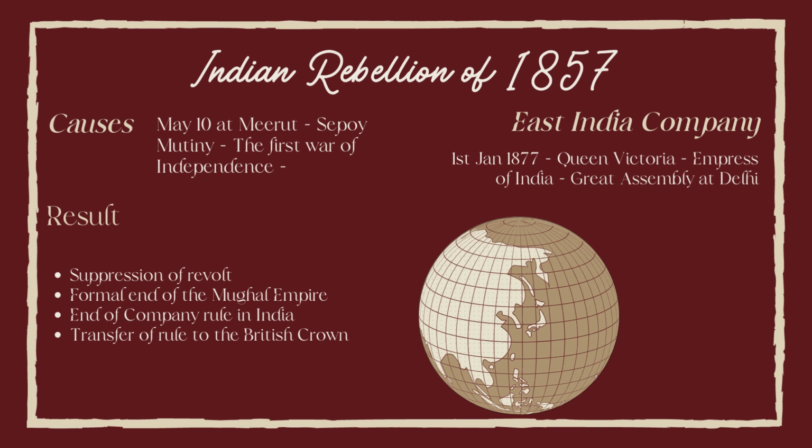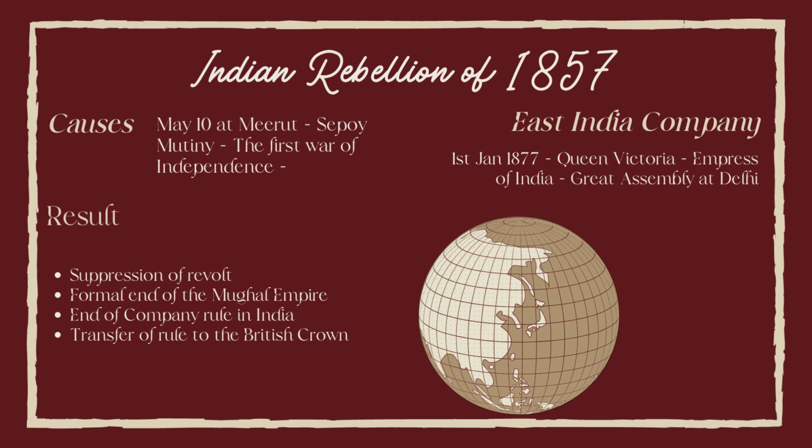It is called the Mutiny, or the first war of independence in India. It resulted in suppression of the revolt. British people suppressed the revolting Indians in the army, and then it ended the Mughal Empire also.